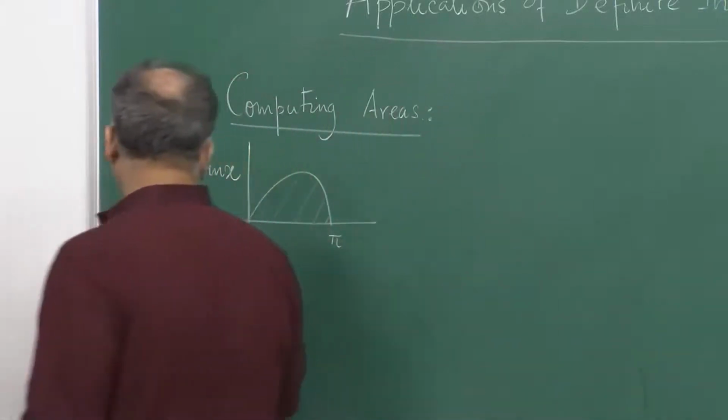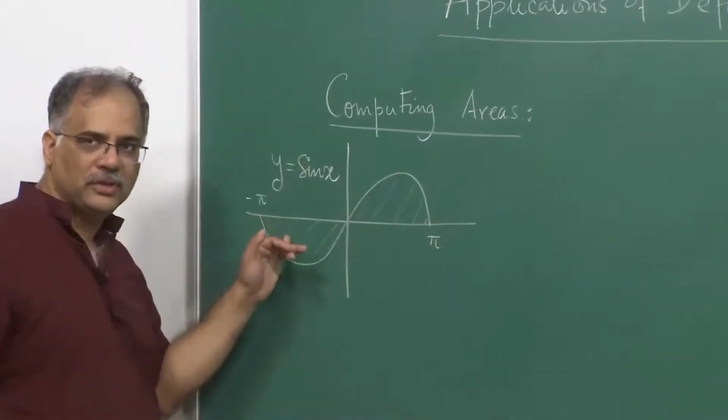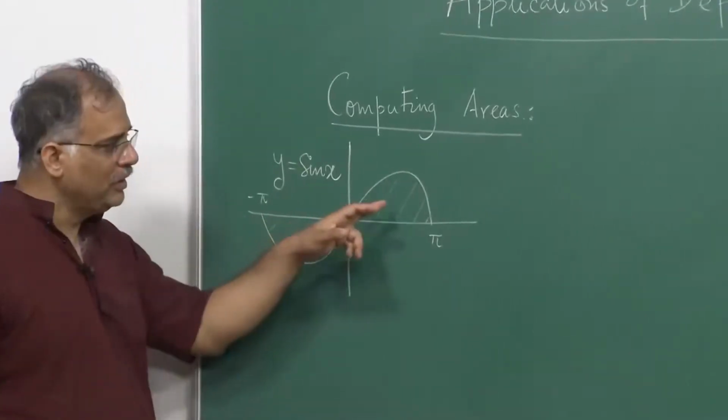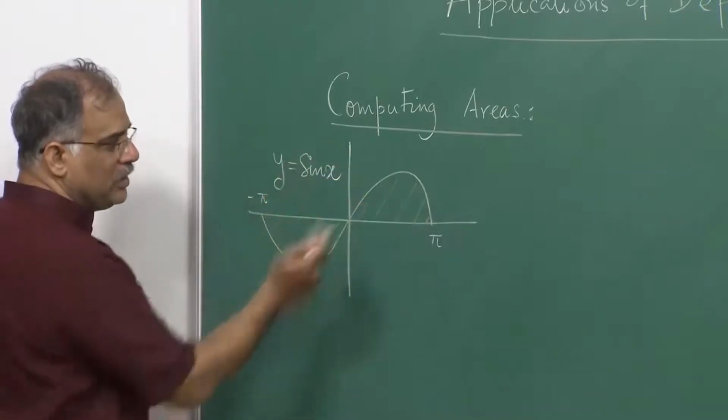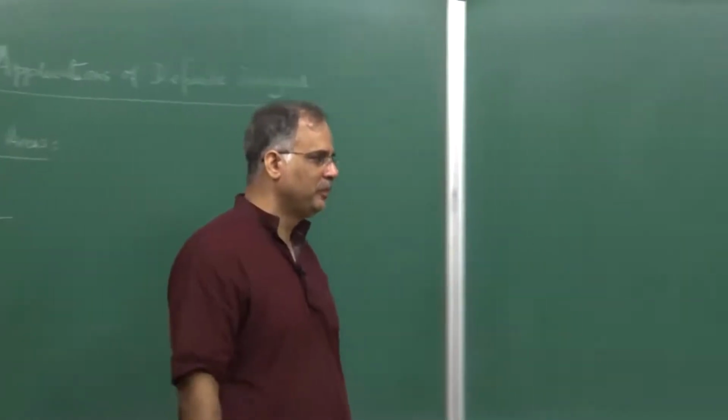If I am walking in the counterclockwise direction, the area is always on the left. So this area would be positive, while for this area, taking the counterclockwise direction, it is on the right. So that area would be negative, and they would be equal and they will cancel.